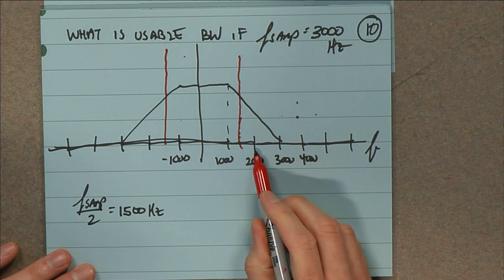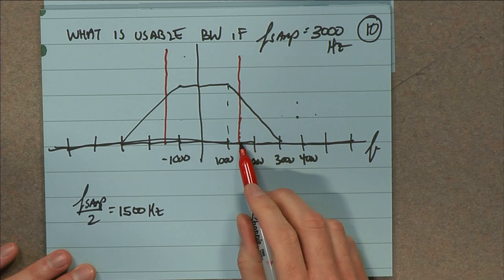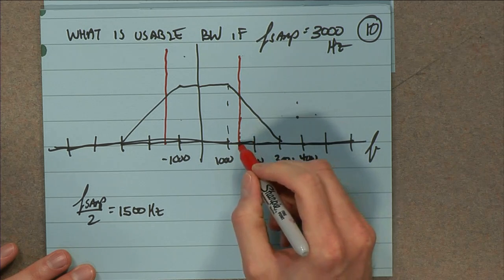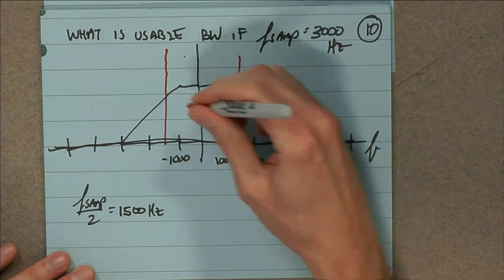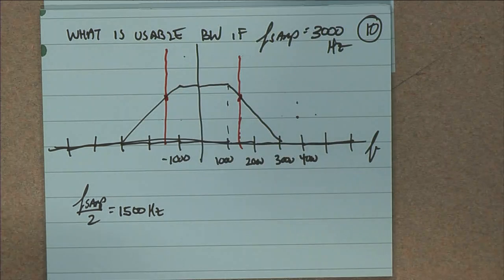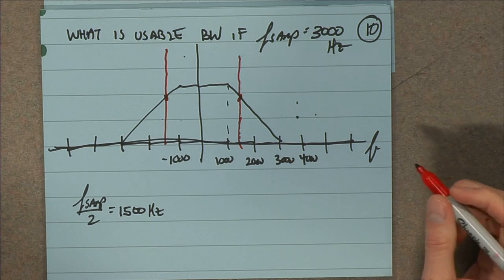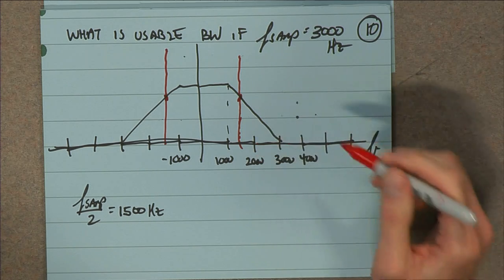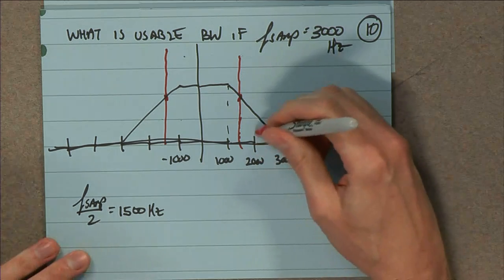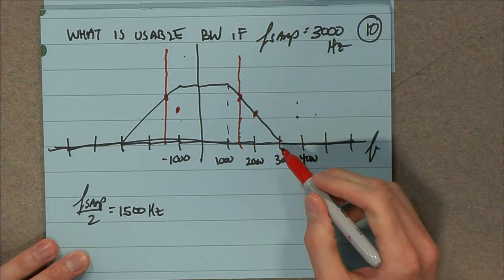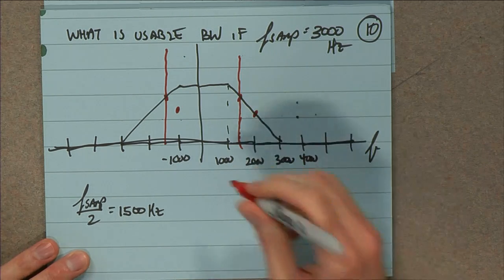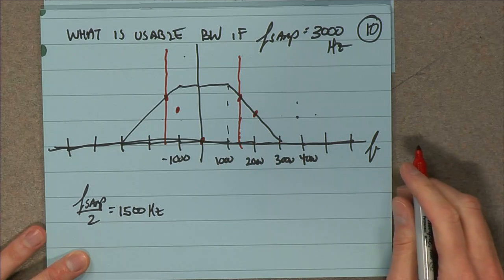What happens to 1,500 hertz if we sample at 3,000? Well, 1,500 minus 3,000 is minus 1,500. So this kind of alias is over there. They're in both places at the same time, sort of. What about 2,000 hertz? We subtract 3,000, that's minus 1,000. So that point goes over here. What about 3,000 hertz? We subtract 3,000, that's at DC, 0 hertz.